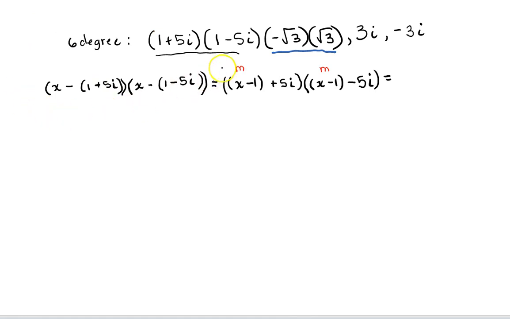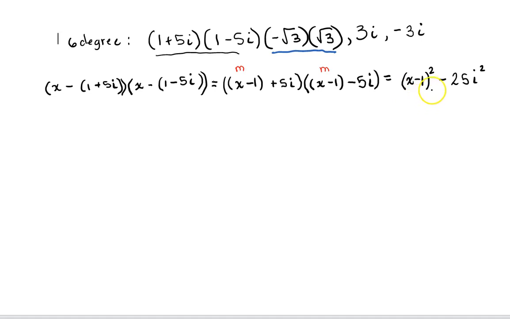So what's going to happen here is I'm going to have my x minus 1 quantity squared minus, well, 5i times negative 5i gives me negative 25i squared. We're really close on this. So this becomes a positive 25 because i squared is negative 1. The other thing I'm going to have to do is expand this.